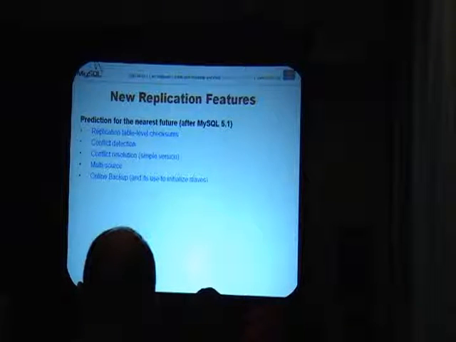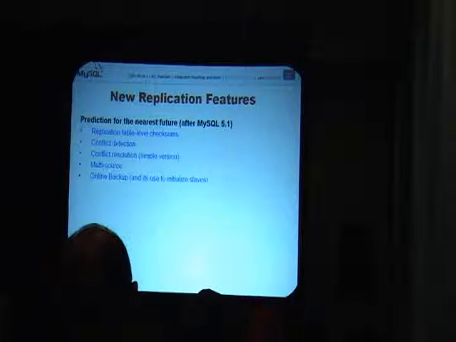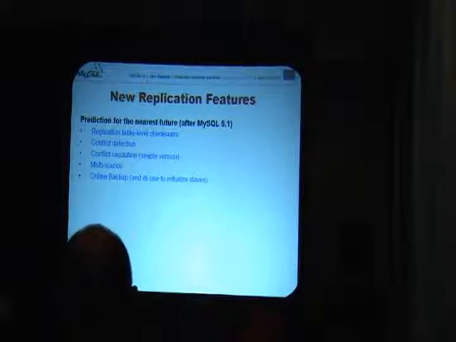Multi-source is when you replicate from multiple masters into one slave. And online backup, which is also used to initialize slaves. When you do replication, you have to initialize slaves so that they have some starting point to start from, and online backup will provide this backup to start from.